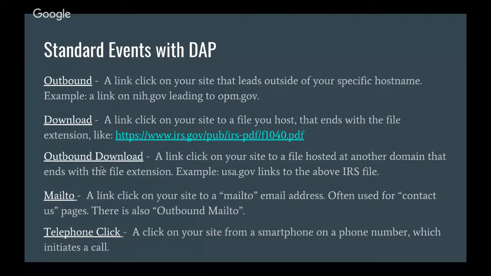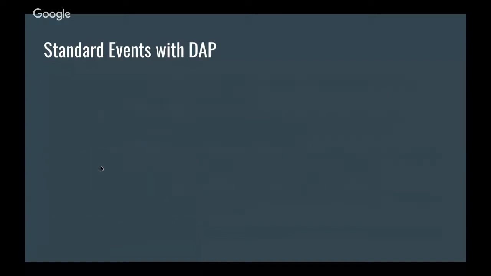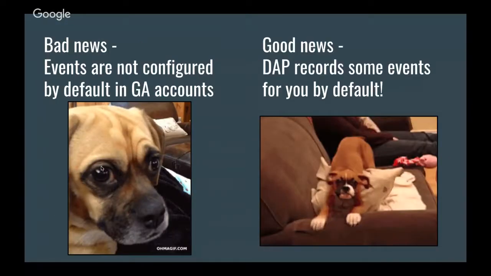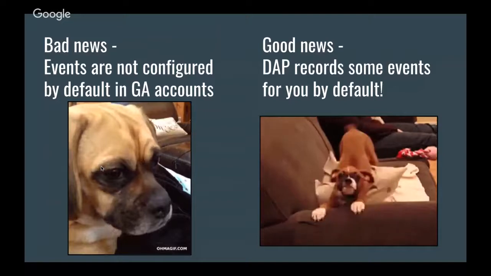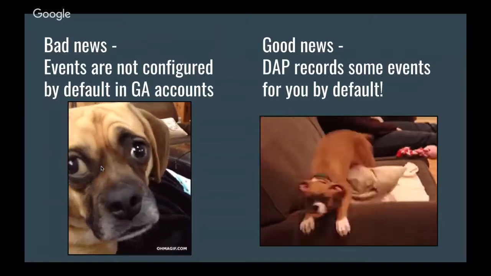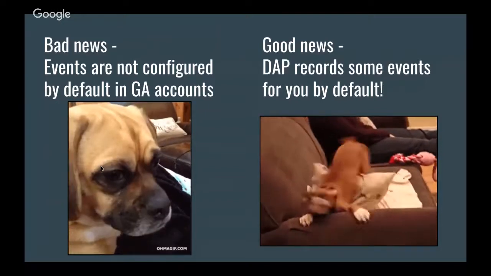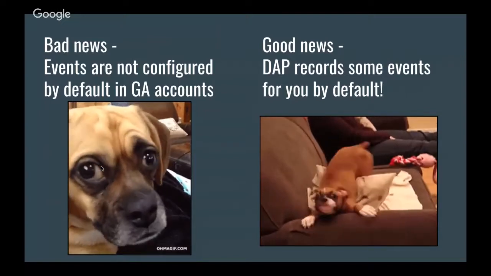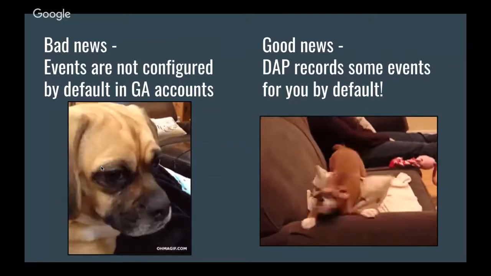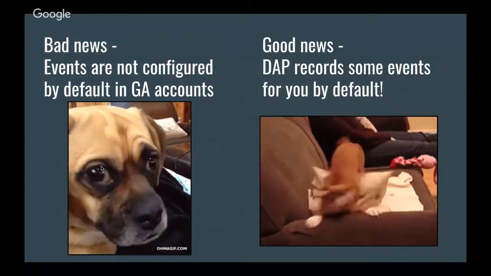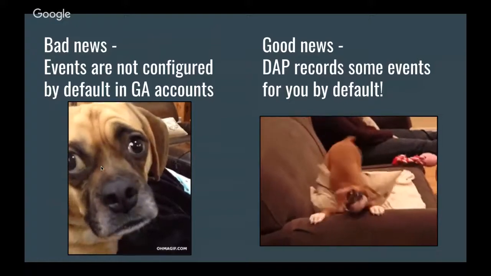Now, to reiterate, as I said on the last slide, if you have independent Google Analytics accounts, which we recommend everyone does, even if you're using DAP, when you start tracking with that independent Google Analytics account, there will be no events configured for you. There will be nothing in the events reporting section.